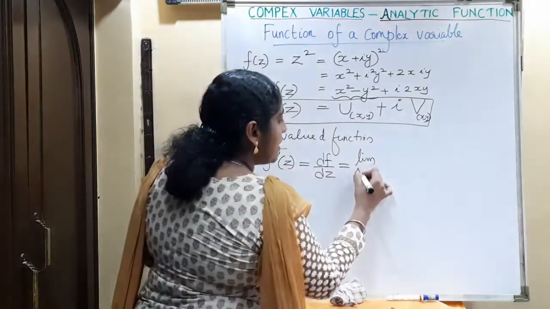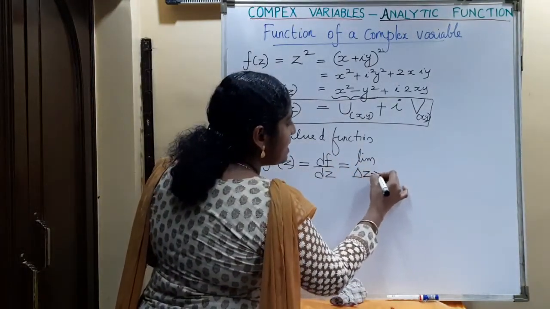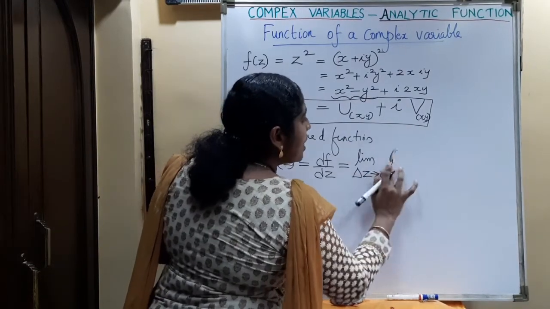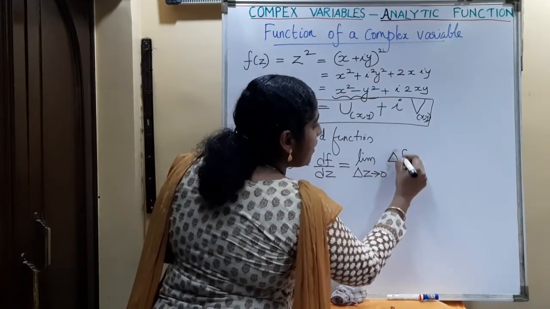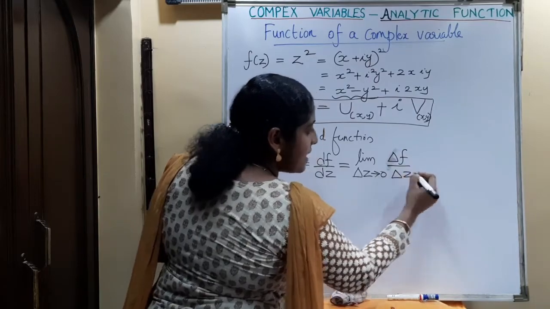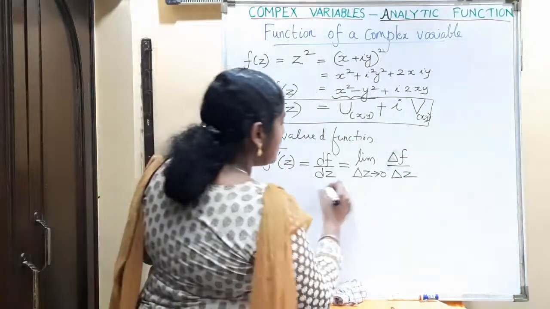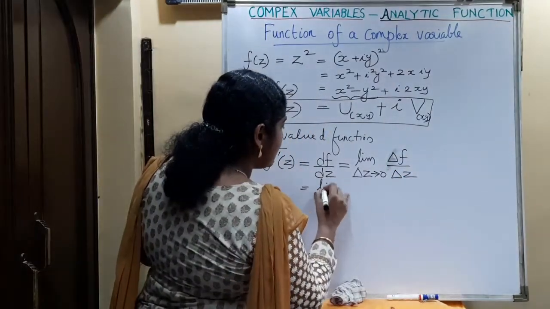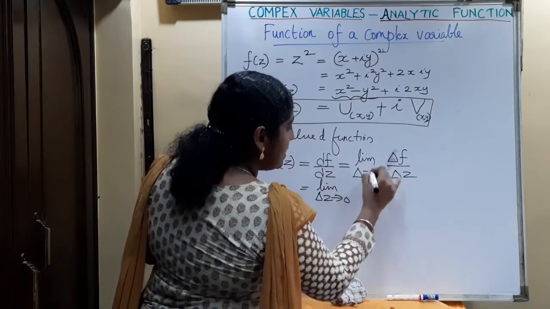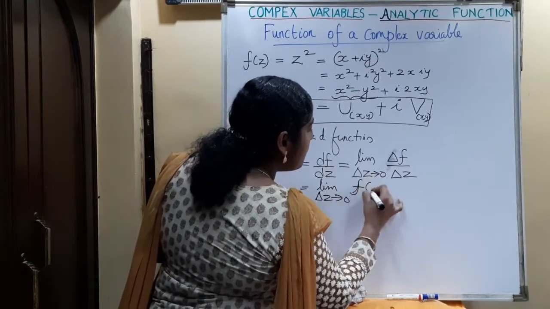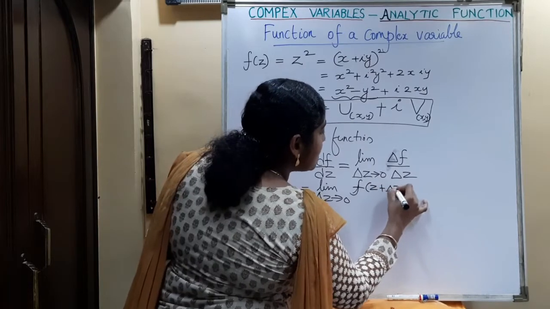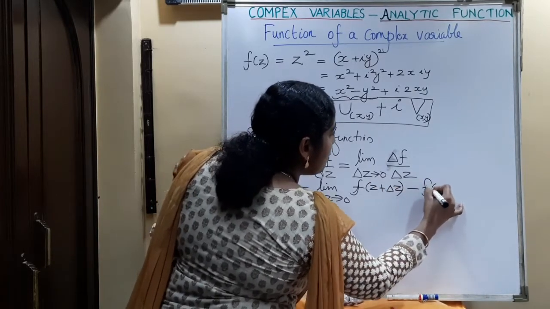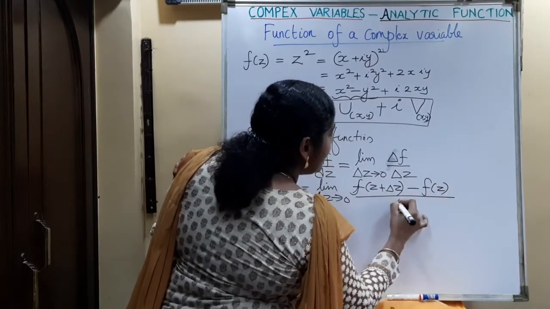We write it as limit delta z tends to 0 of delta f divided by delta z. What is this delta f? Delta f means f of z plus delta z minus f of z, divided by delta z.